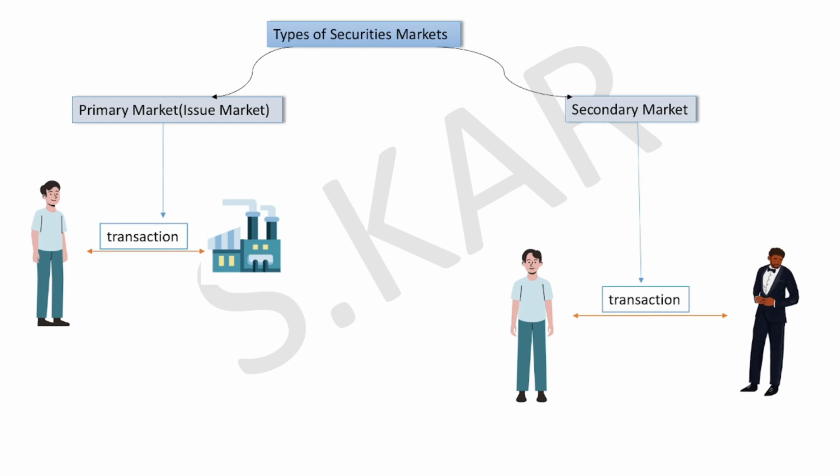So far we have only known that the transaction happens between 2 investors in the secondary market, and that in the secondary market we have NSE and BSE, but we don't know anything else. Today we will know about what NSE and BSE are, and every other entity involved in this process of trading or investing.